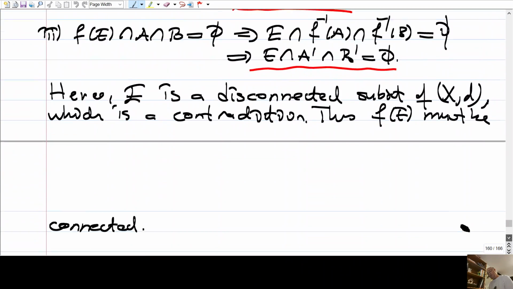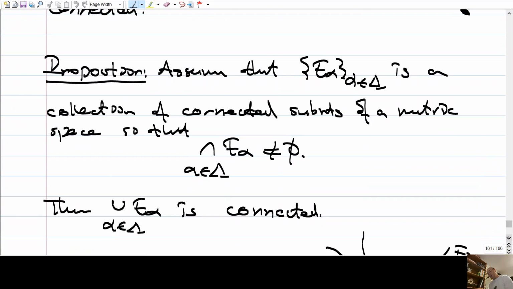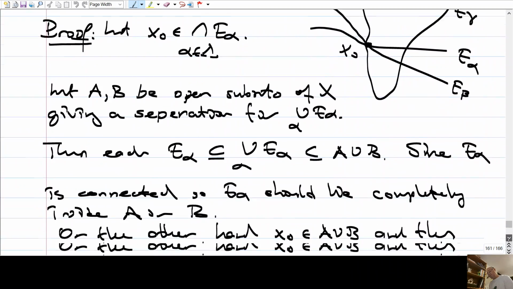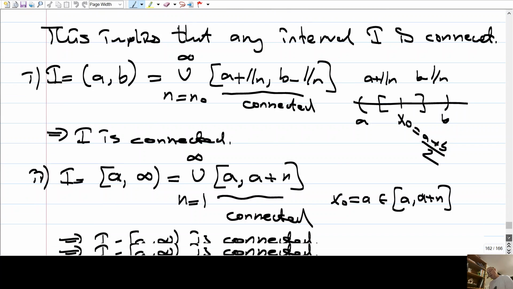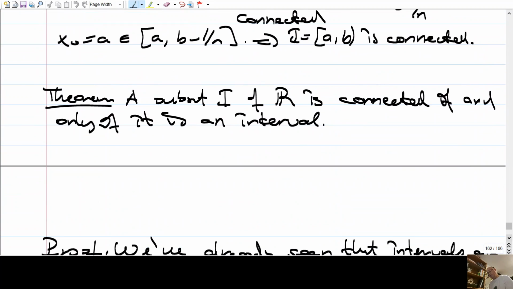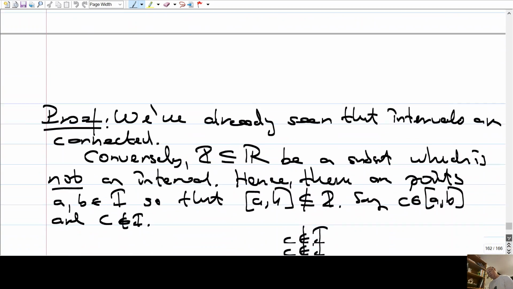And then we proved another fact that if you have a family of connected subsets and if they have a common point, so if the intersection of all of them is non-empty, then their union is connected. And then we proved that any interval is connected, and actually the only connected subsets of the real line are intervals.